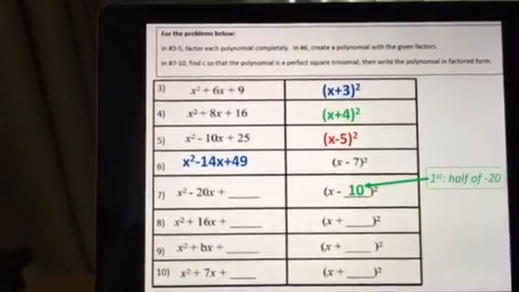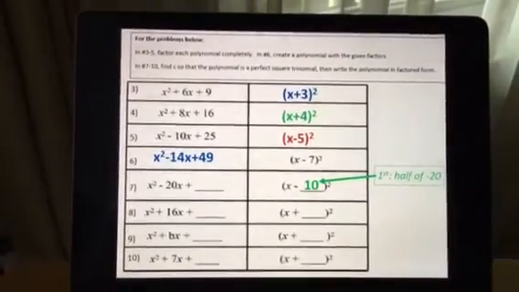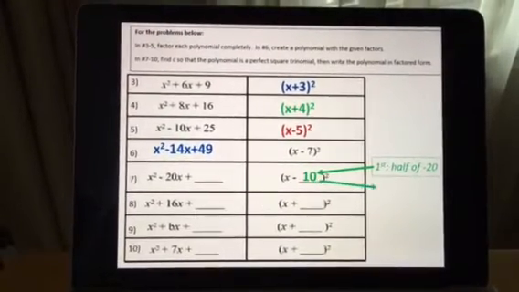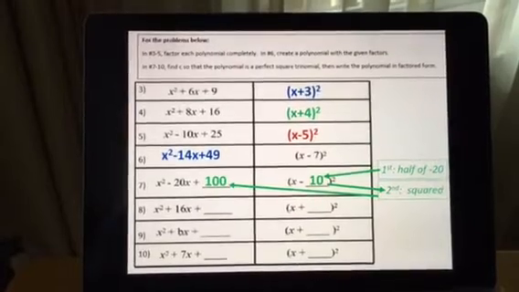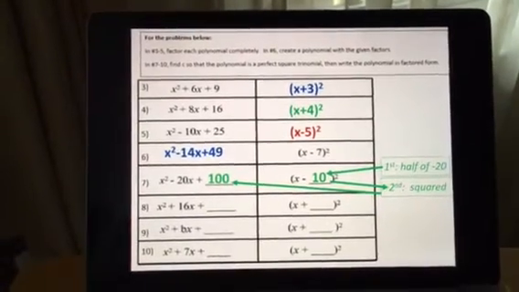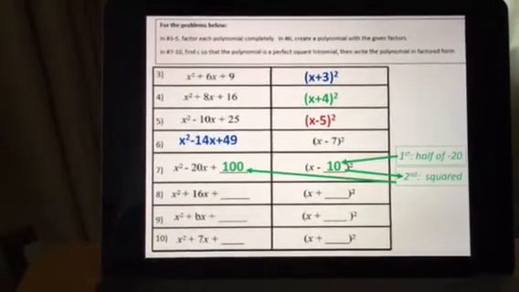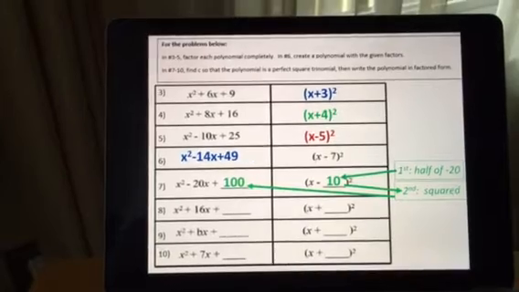We're going to take half of the negative 20, which is negative 10. And then we're going to square that and put it right here, and we get 100. So we just wrote the polynomial, which is a perfect square trinomial, x squared minus 20x plus 100. Half the middle term, and then square that term.